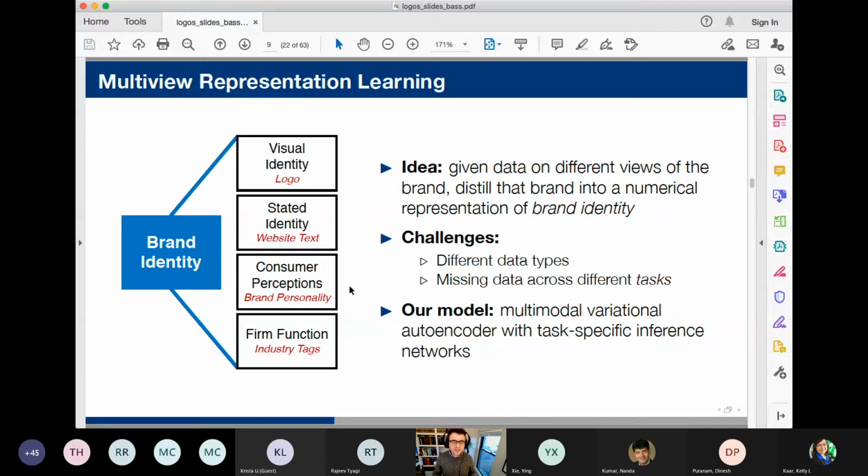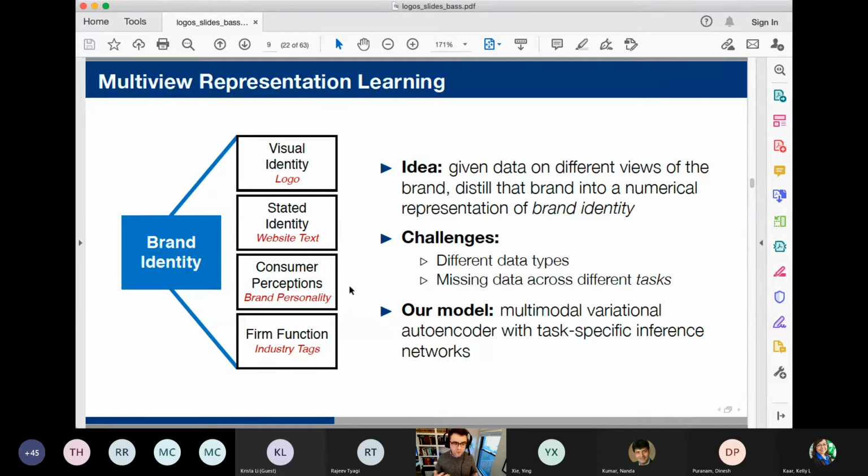There's also a challenge insofar as when we think about those different perspectives that I outlined at the start of the talk, each of those different perspectives is going to require us to think about this data in a different way. Remember, for instance, the manager's task. A manager, given different potential logos or given different potential changes to a brand, wants to assess what consumer perceptions might be.